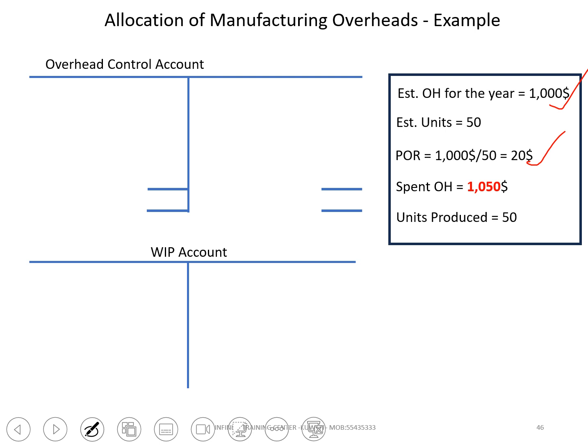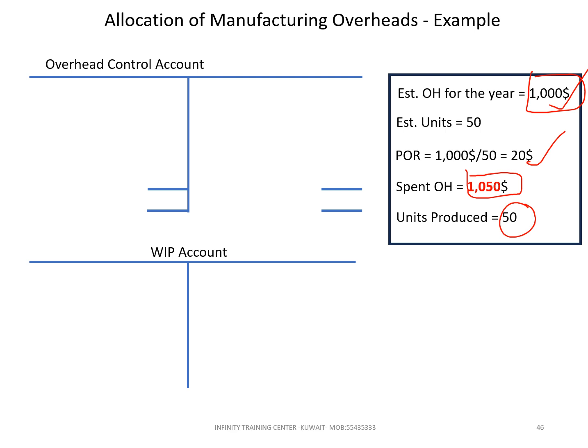But what actually happened: your estimation was $1,000, but you actually spent $1,050. Units of production were as per your estimation, there is no change in that, but the actual amount you spent was $1,050. So we will see how this amount is spent in this T account for overhead control, and we will determine how much is applied also.